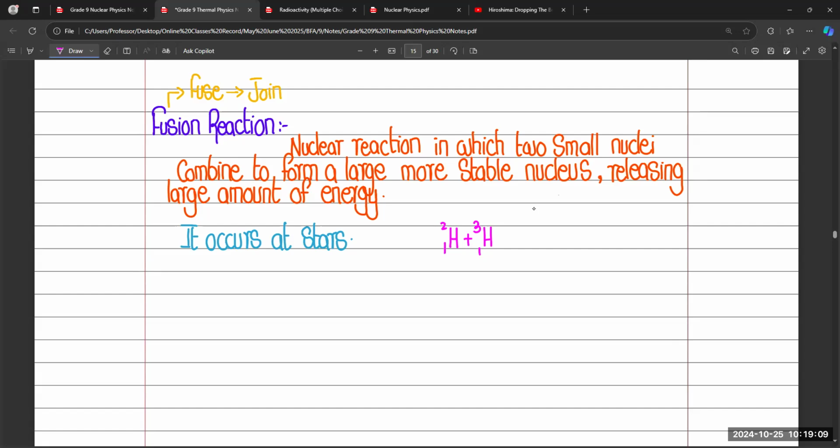And in result, we will get a helium, which is heavier than the hydrogen. You can see initially we have 1, 2 and 1, 3, but in the final result we are getting 2, 4, which is greater than the isotopes of hydrogen. And the rest of it, 1, we will get in the form of a neutron. Okay.